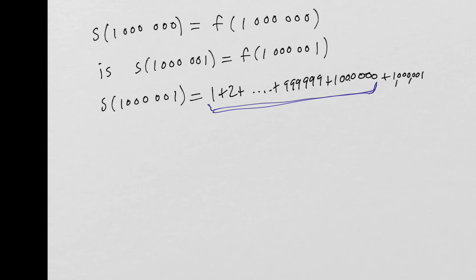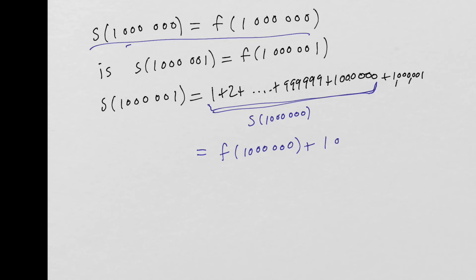You're going to say, well, I'm just going to go on the assumption that you haven't lied to me, that this is true, because this whole piece here is S of 1,000,000, and if you haven't lied to me, I can swap that out with F of 1,000,000. So this is F of 1,000,000 plus 1,000,001, and so this thing I can calculate.